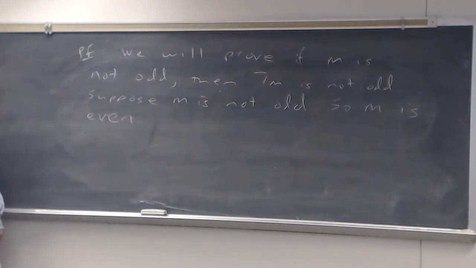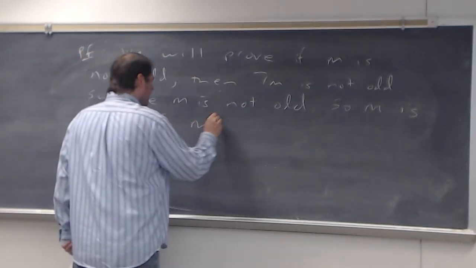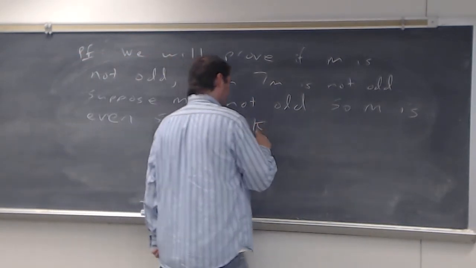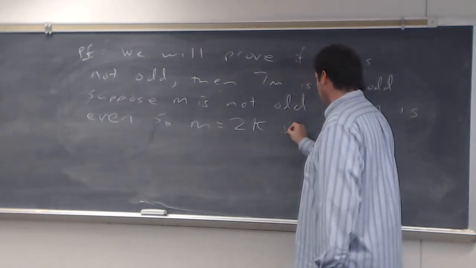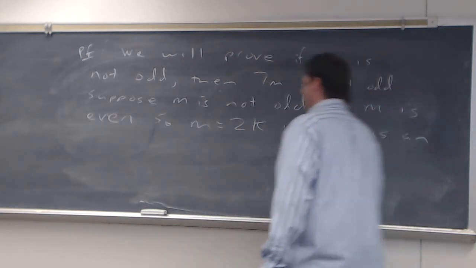So the question might be, what does it mean to be an even number? Well, it means it's divisible by 2. So that means that M has to be a multiple of 2. So M has to be equal to 2 times some number k, where this number is an integer.